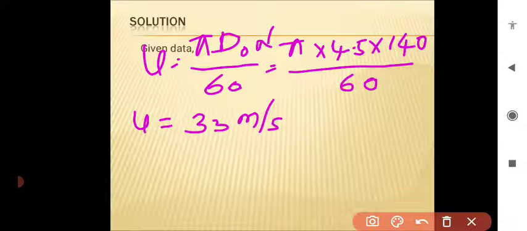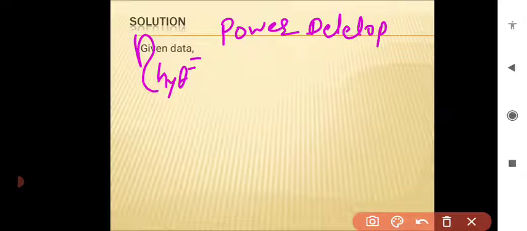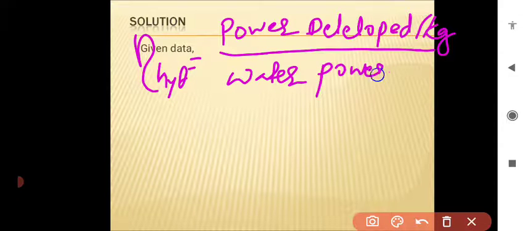So now from hydraulic efficiency, hydraulic efficiency is equal to power developed per kg by water power per kg.